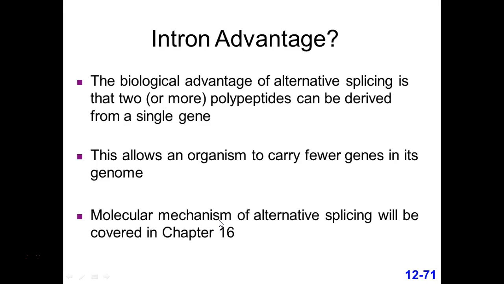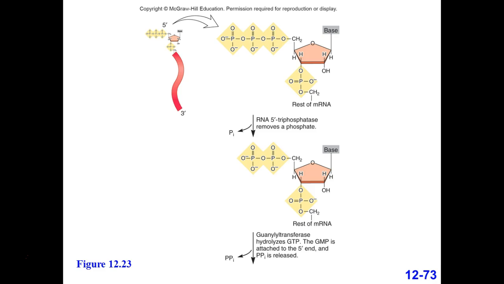I'm trying to remember if we had a good picture of this. So a single gene can make 2 different proteins. They don't give us an example, huh, until chapter 16. Damn it. All right.